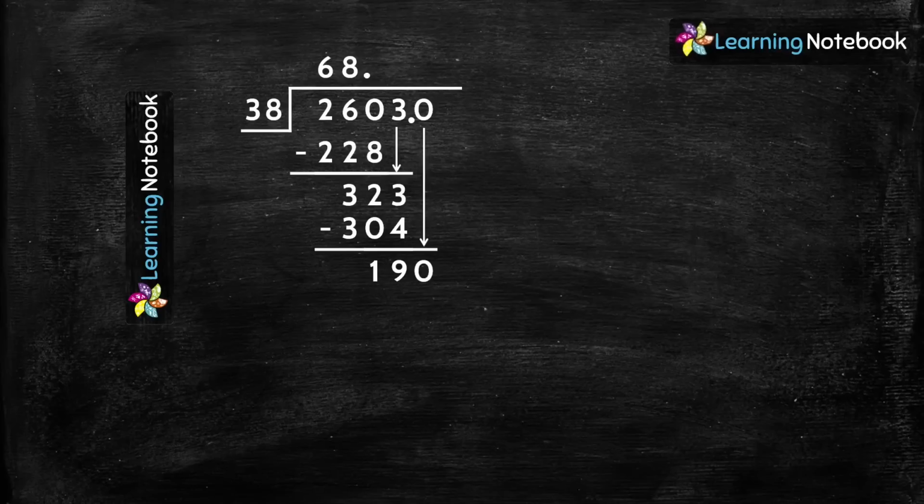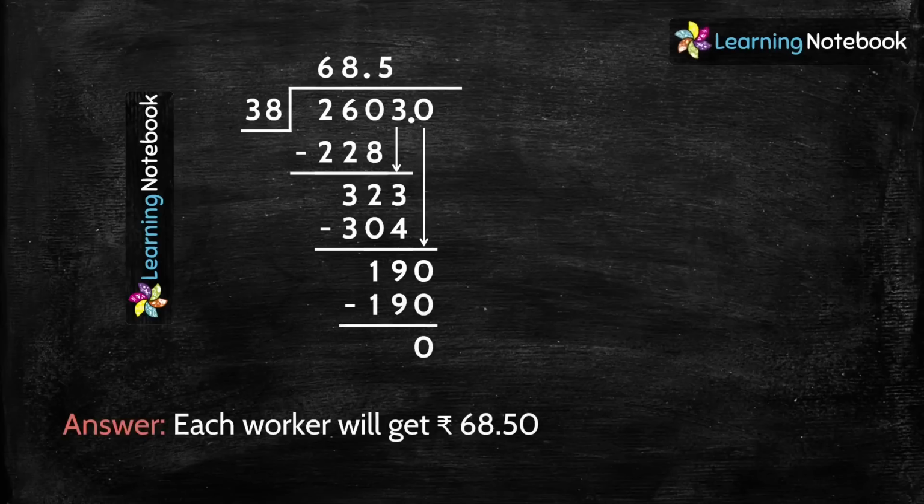So now we will divide 190 by 38. 38 into 5 equals 190. And 190 minus 190 equals 0. So our answer is 68.5. Let's write the answer statement. Each worker will get rupees 68.50.